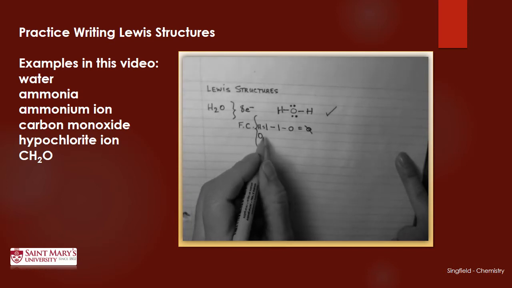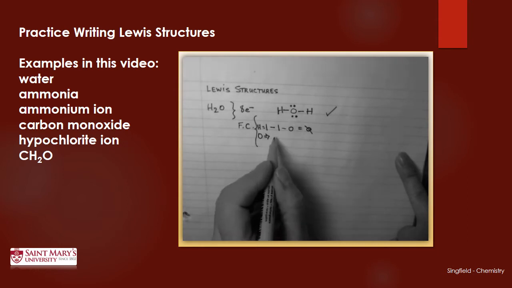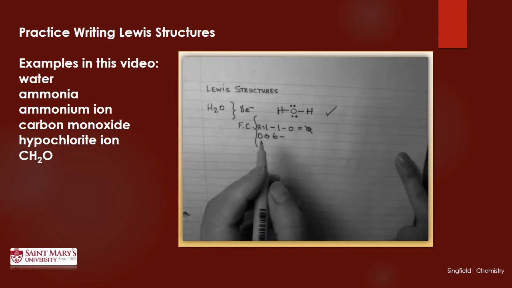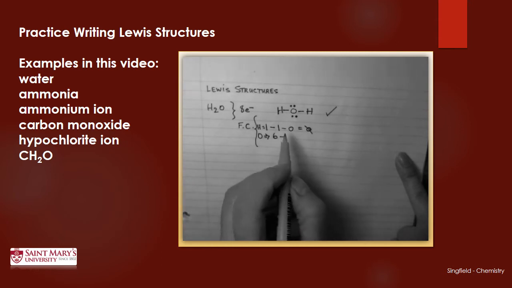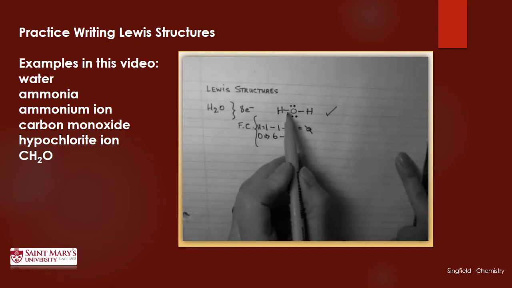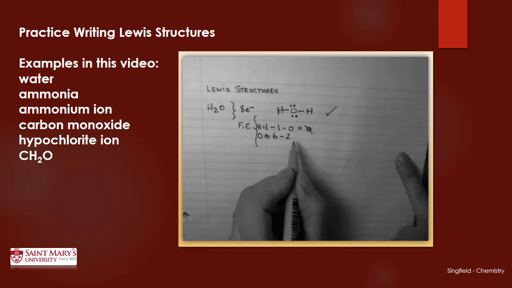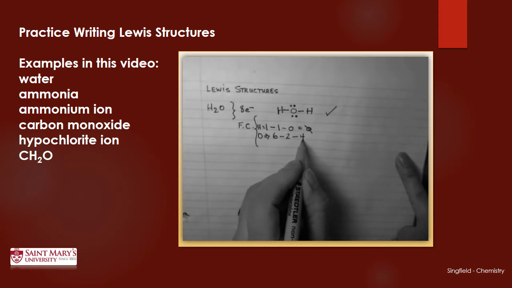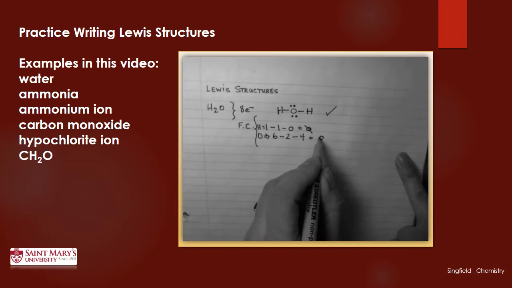And for the oxygen, I have number of valence is 6 minus half of the bonding electrons, or if you like, the number of single bonds. Half of the bonding is 2. And I also want to subtract all of the non-bonding electrons, 1, 2, 3, 4. 6 minus 6, 0.